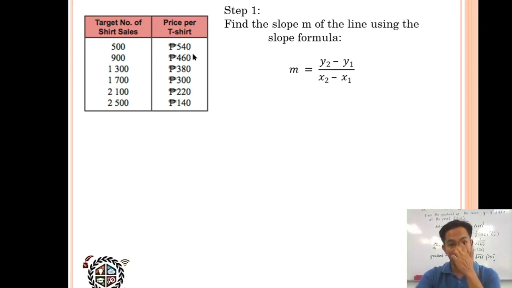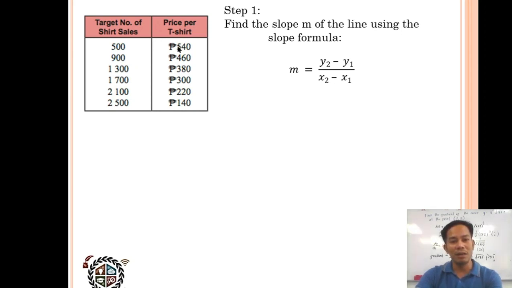Sa y. Okay? So, hindi pwedeng pinili ko si 500 as x sub 1, ang pipiliin ko na y sub 1 is 380, hindi pwede yun. Kung pinili mo si 500, ang y sub 1 mo dapat ay 540. Okay?